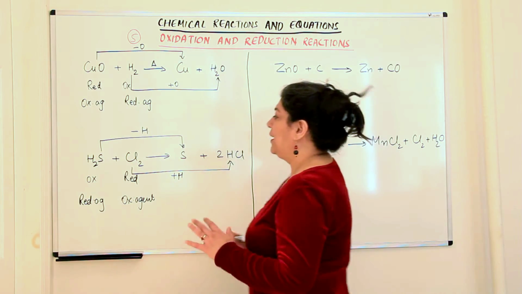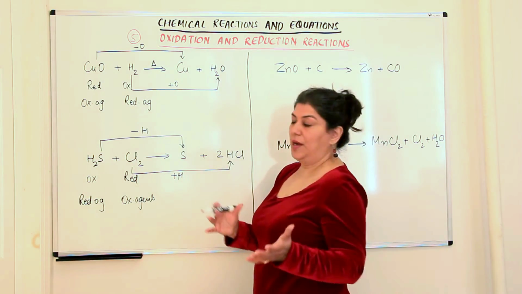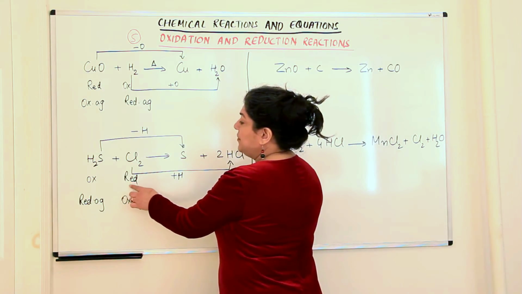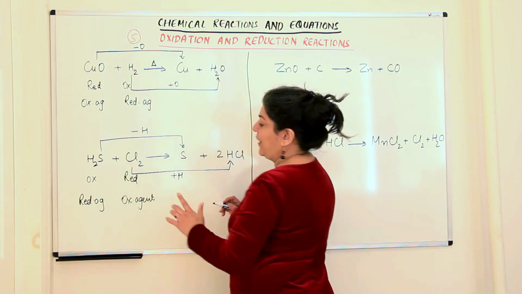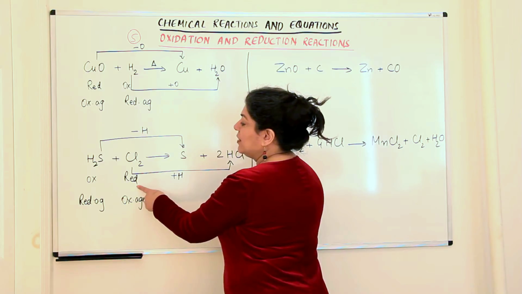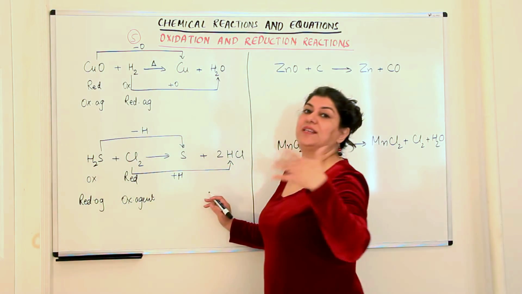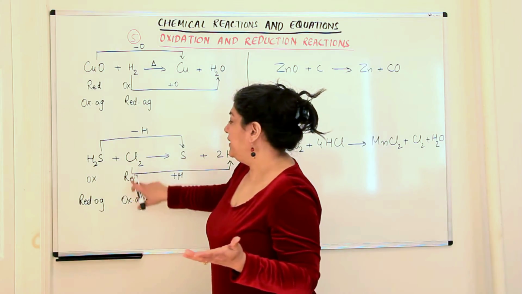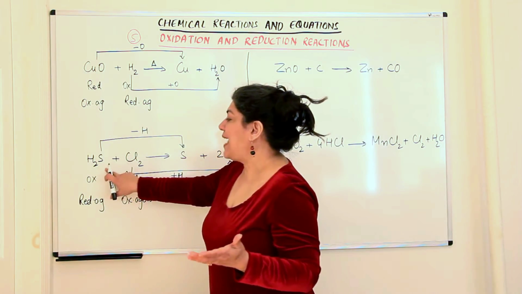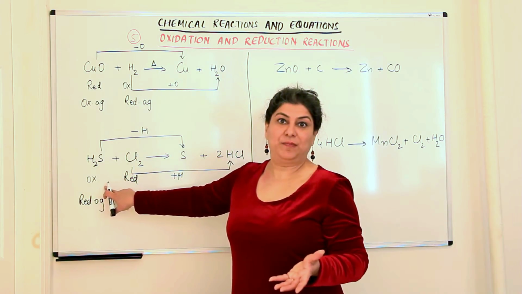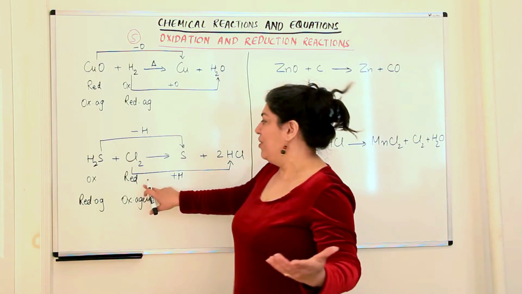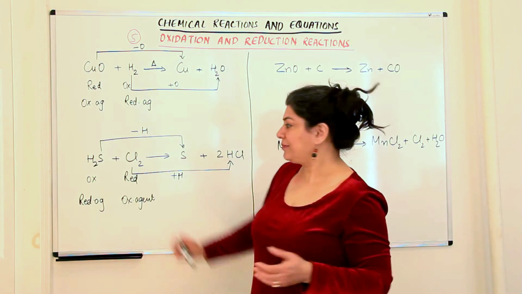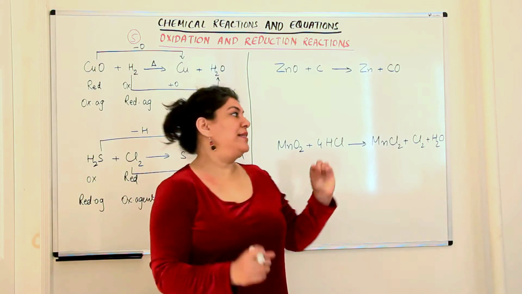Right? Again, to make it more clear, reduction means addition of hydrogen. Could reduction have occurred unless H2S donated the hydrogen? So for the reduction of chlorine, H2S had to get oxidized in order to give that hydrogen for its reduction. So that is how you identify these.